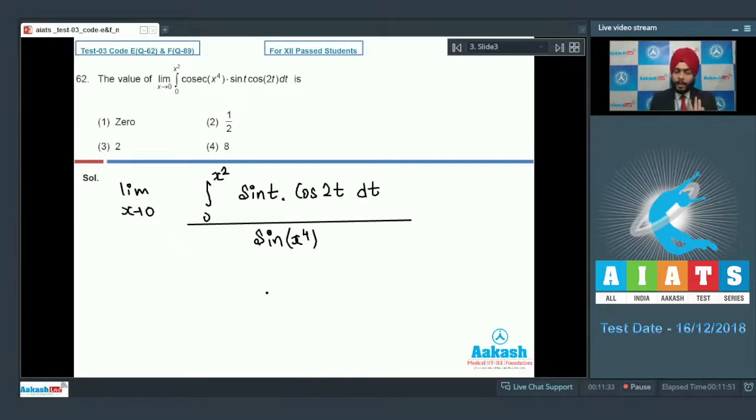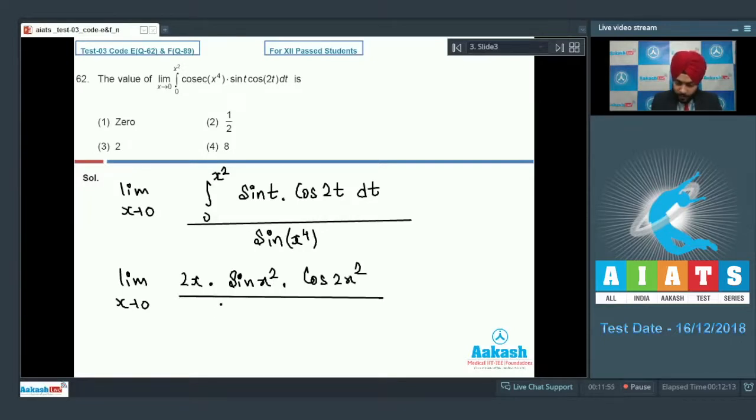Now, applying Newton-Leibniz formula, differentiating numerator independently, denominator independently, I'll have limit x tends to 0 of the differentiation of the limit, that is 2x, into the function value of the limit, that is sine x square into cos 2x square, divided by differentiation of sine x power 4, that is 4 sine x cubed cos x into cos x power 4 into 4x cube.